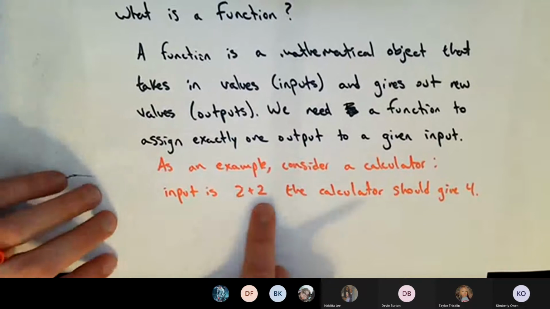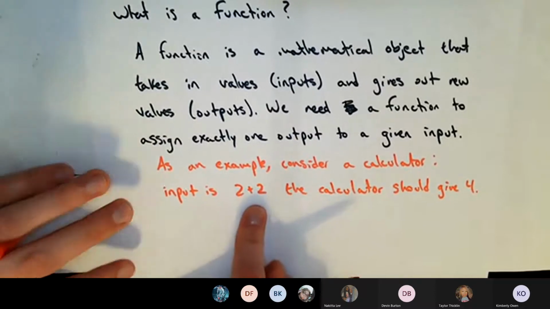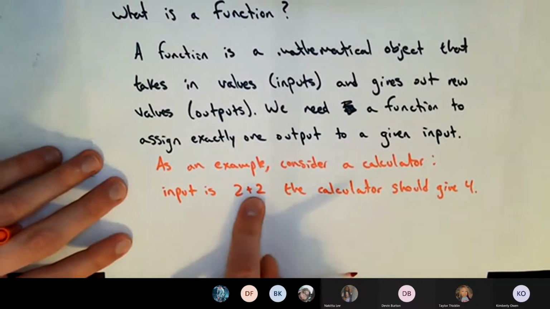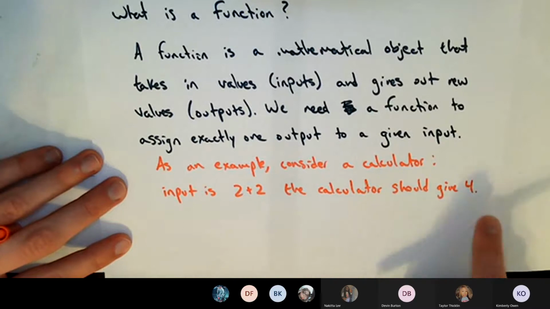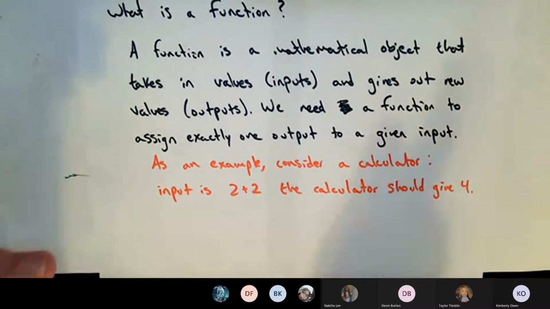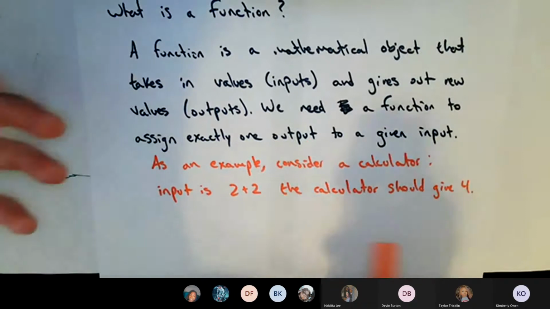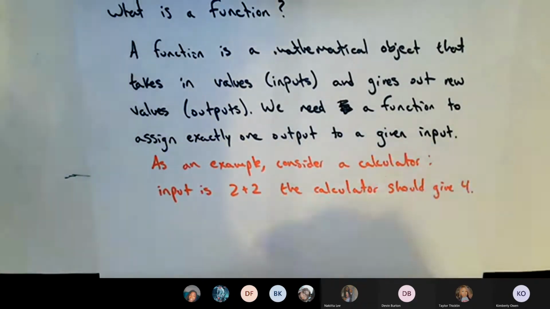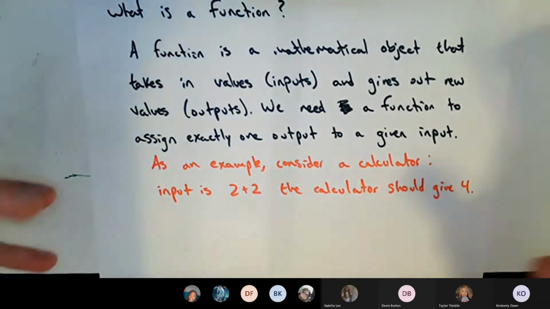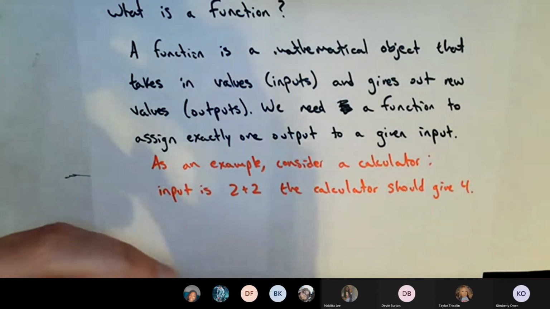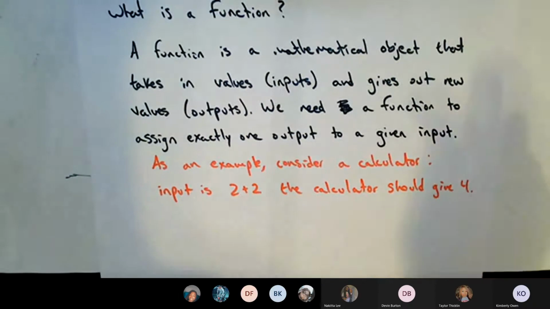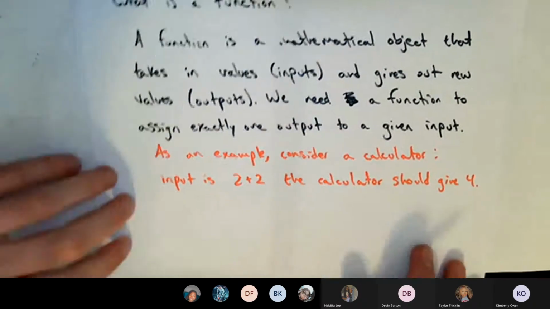Should give 4 for some input, which is a pair of numbers here. That's fine. It's just some input. It should give a single output. Like if you plugged in 2 plus 2 into your calculator and today it gives you 4, and then you do 2 plus 2 tomorrow and it gives you 7, then that's not a good machine, right? It's not a good function. So you need it to take in an input and give out only one output.